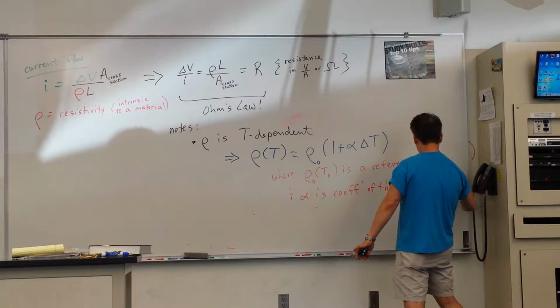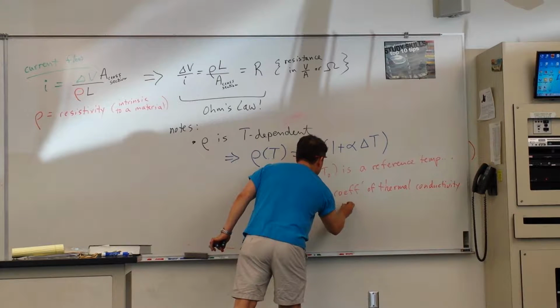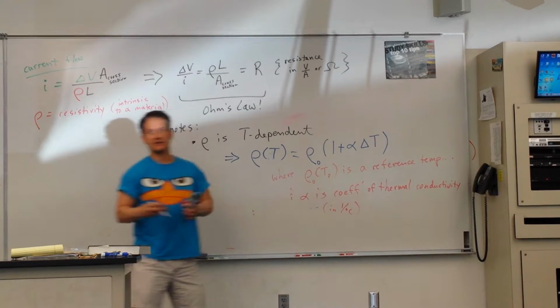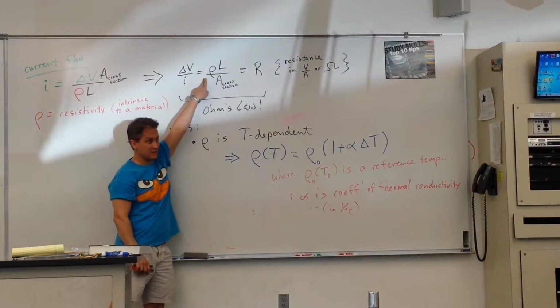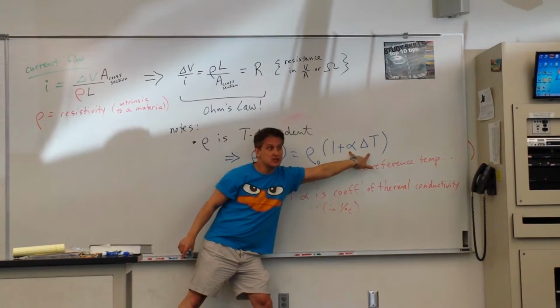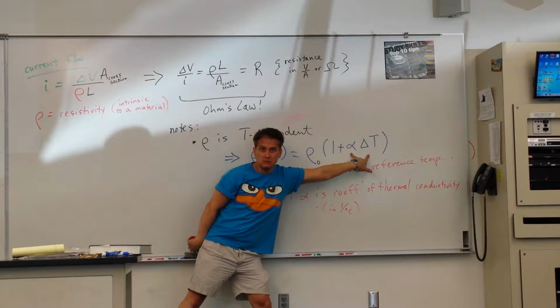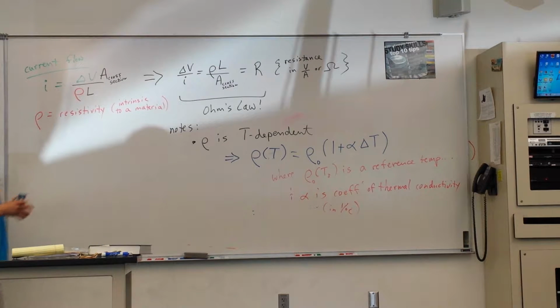It doesn't matter if you're taking a delta, so Celsius is usually the easiest. Okay, so first of all, what that tells you is for any substance, this ratio is not necessarily a constant quantity. It's only constant to the extent that this term is small. Otherwise, nothing is truly constant. So that's the first thing.